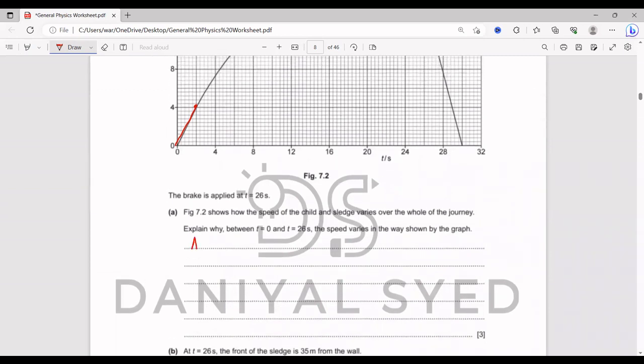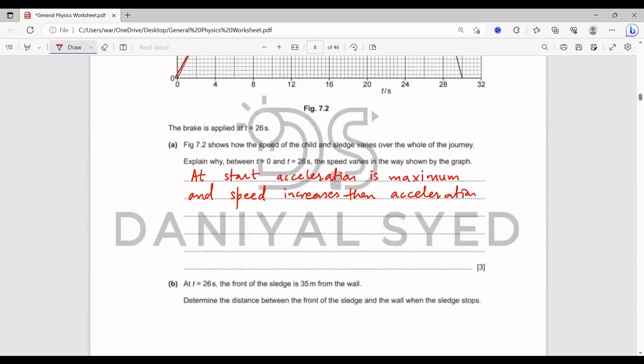So you have to write down: at start acceleration is maximum, and speed increases, then acceleration decreases.